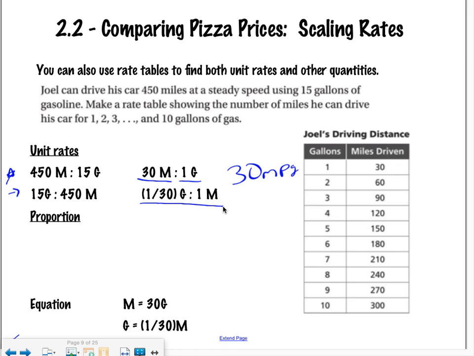Okay, so this would be like 1 over 30 gallons per mile. All right, and miles per gallon is the most popular unit rate over gallons per mile. So we don't really think of it typically like that.